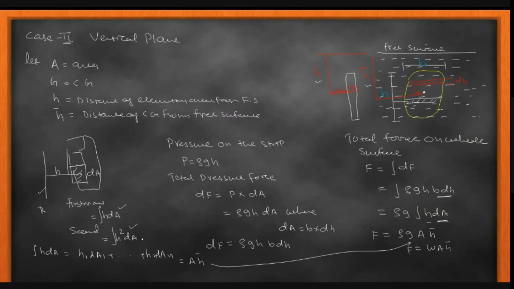But when we go for the vertical case, the pressure intensity is not the same on all parts of the surface, and that's why we need to resolve the forces. We resolved the forces and found the total pressure force, rho g A into h cut, where h cut is the distance of the center of gravity from the free surface.